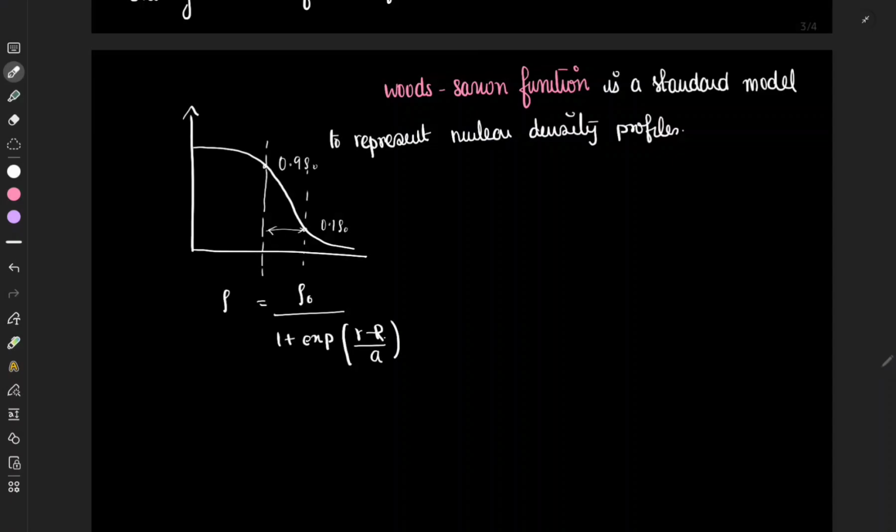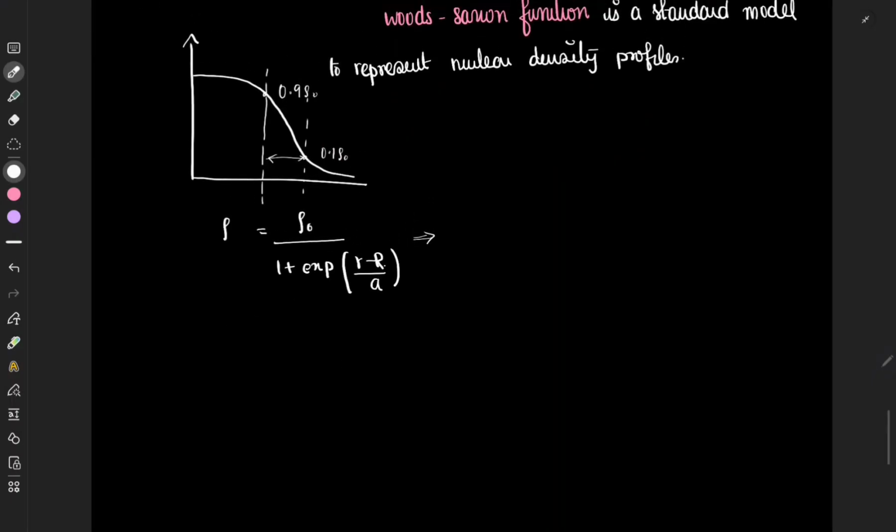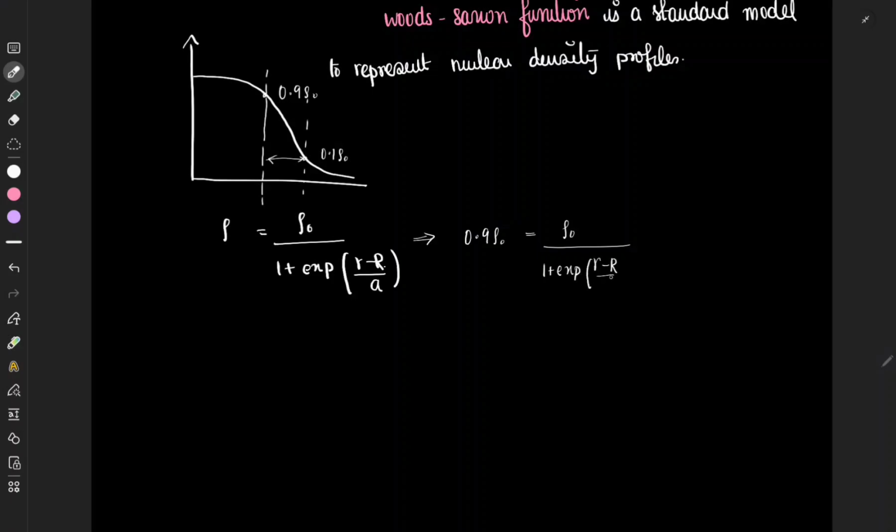So let's find out the value of r from here. You just have to use this formula. The first case is a 10% decrease from the central density, that is 0.9 rho naught is equal to rho naught divided by 1 plus exponential of r minus R by a.